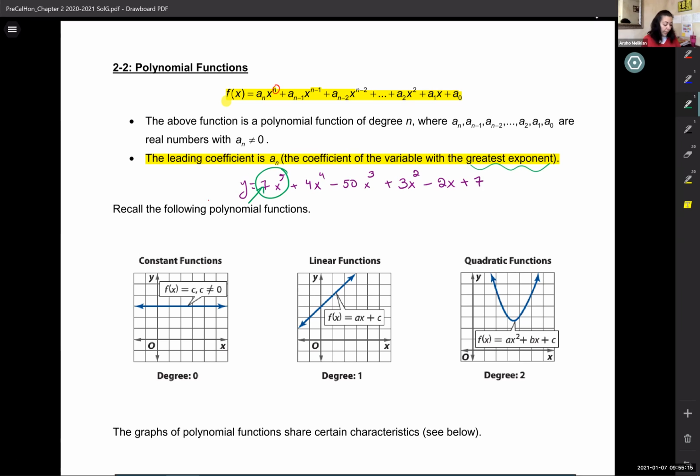All right. Does that say 7x to the 9th? It's a 5. Oh. And because that 5 is actually the highest exponent here, that 5 is the degree of this polynomial function. It's the highest exponent.